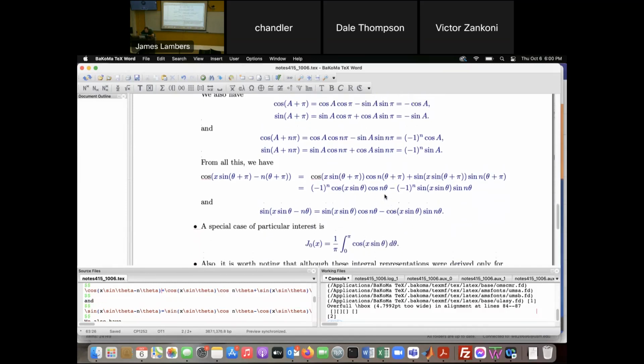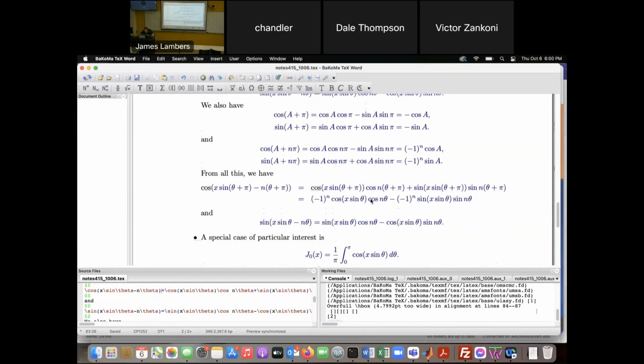In other words, even symmetry, but it's actually, yeah, I think I was supposed to do this a little bit different. Sorry about that.